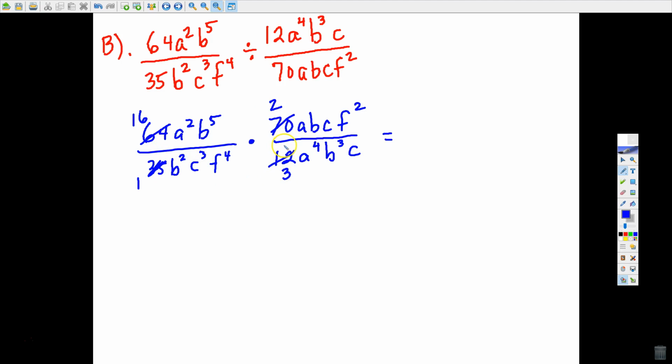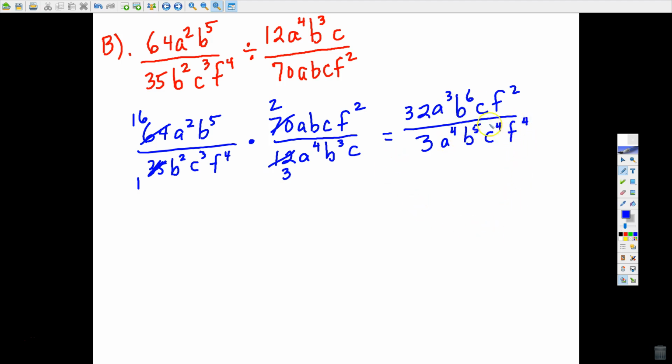So now I'm going to work on just multiplying these together, and then I'll simplify the variables in the end. Okay, so multiplying coefficients together, 16 times 2 is 32. This is going to become a to the third, b to the sixth, c, f squared. The denominator is going to be 1 times 3, which is 3, a to the fourth, b to the fifth, c to the fourth, f to the fourth.